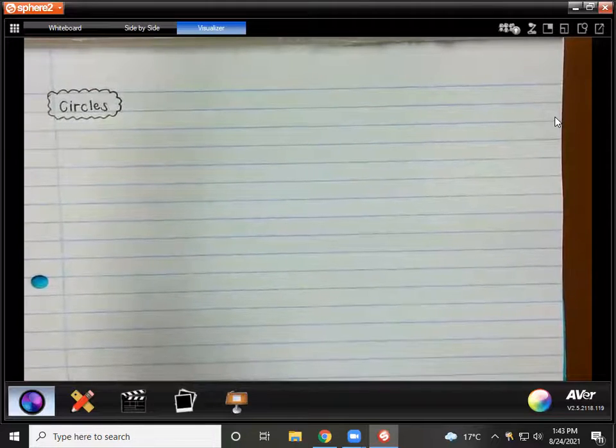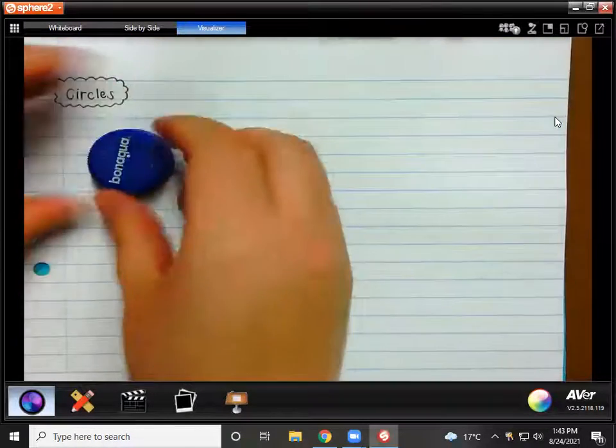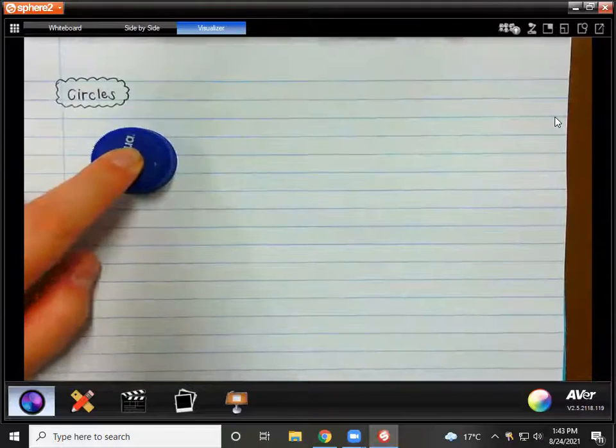Okay, I'm going to do a little one using the lid of my water bottle. Let's be inventive here. Okay, we're doing a small one there. That's big enough, actually.